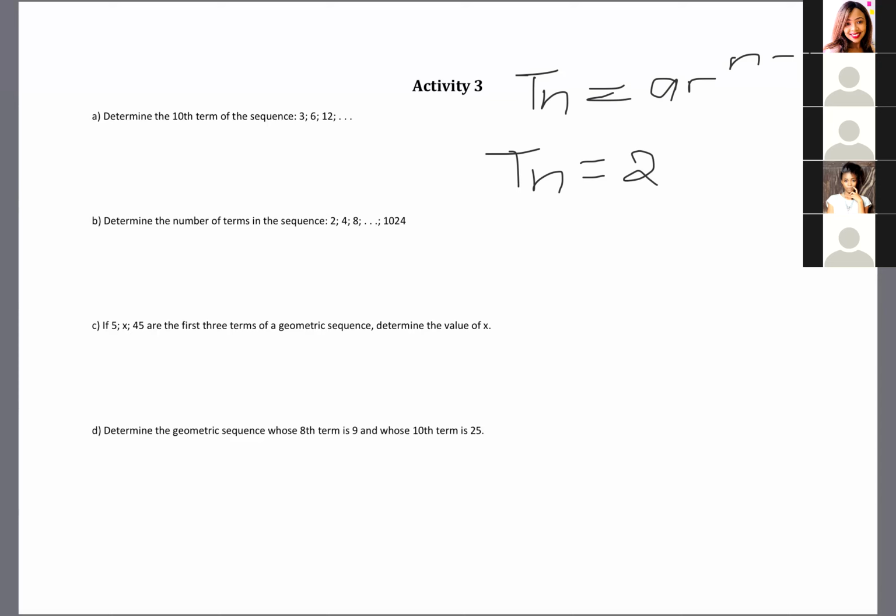So we're going to first start by figuring out what's my general formula, right? So I'm going to start with Tn is equal to A R to the n minus 1, right? And I'm going to say Tn is equal to, what's my A? It's 2. And then how am I going to calculate my R? You divide the second term by the first term. Yeah, so what is it going to be? 2. And then I'm going to have an n minus 1, right? So now they want me to figure out what n is. So here by Tn, I'm going to substitute this number, 1,024.